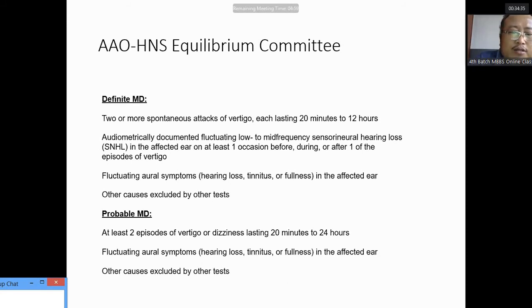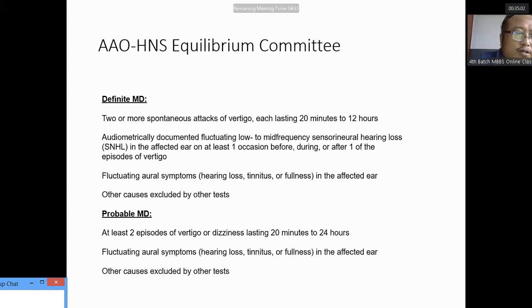Meniere disease is classified as lasting minutes to hours. If someone asks how long the duration is for Meniere disease, it should be minutes to hours.